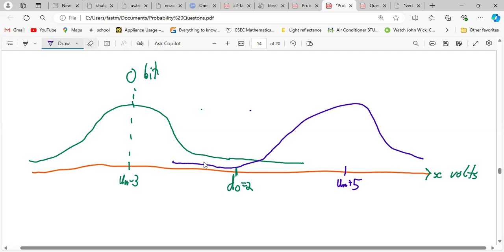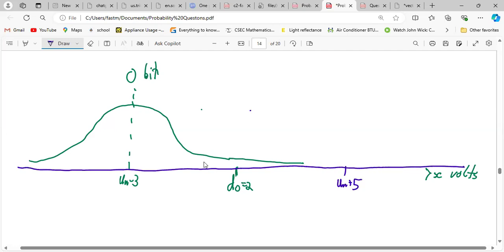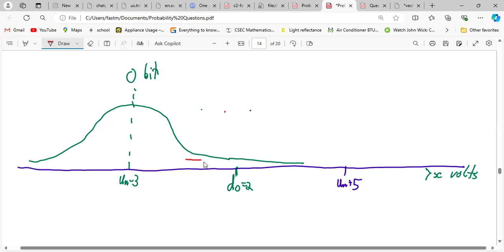I don't like how that looks. Let me see how well I can draw that, in different colors. Alright, I'll work with that.